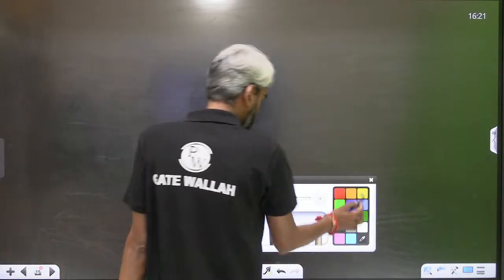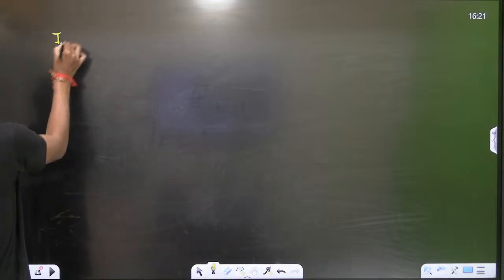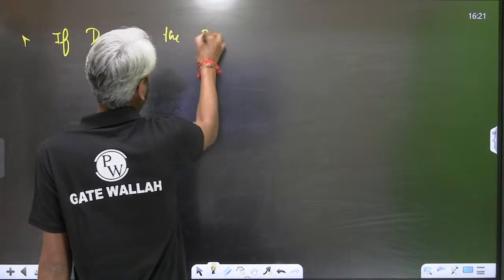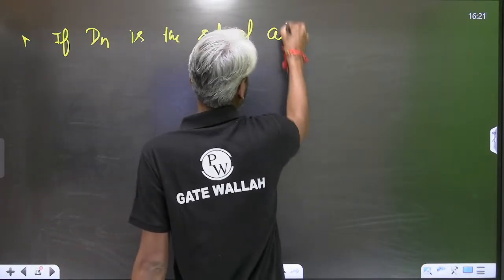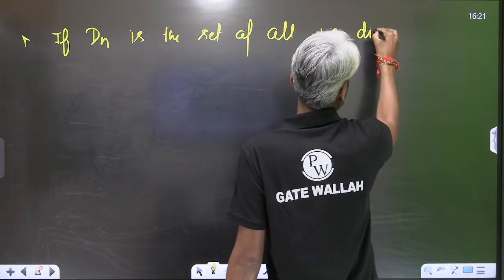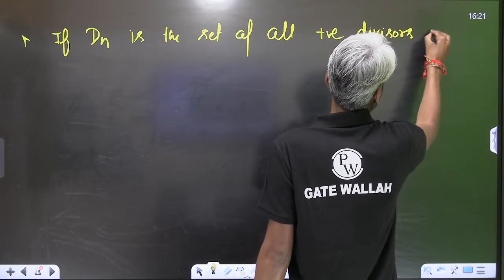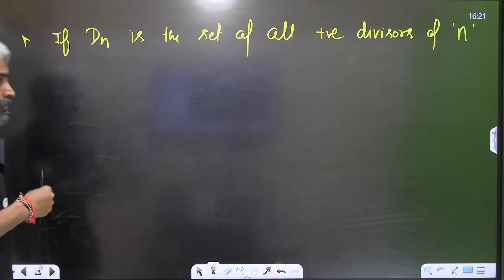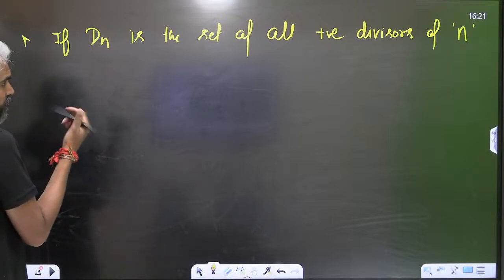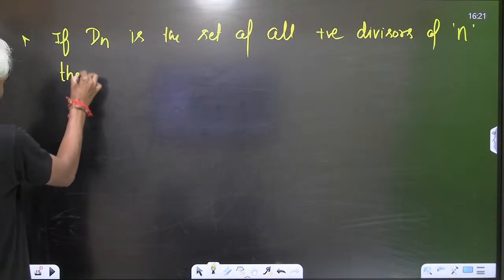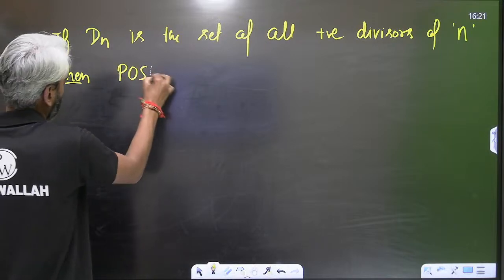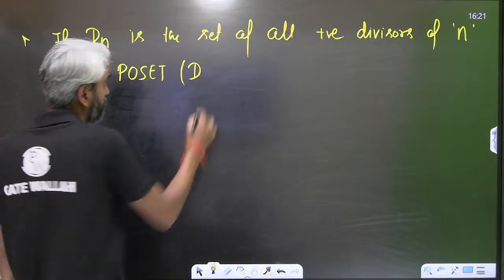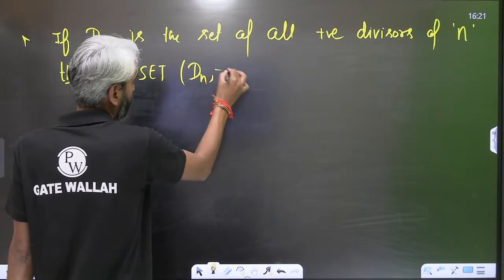Note down: if Dn is the set of all positive divisors of n, where n is obviously a positive integer, then the set of positive integers with respect to divides is a poset.